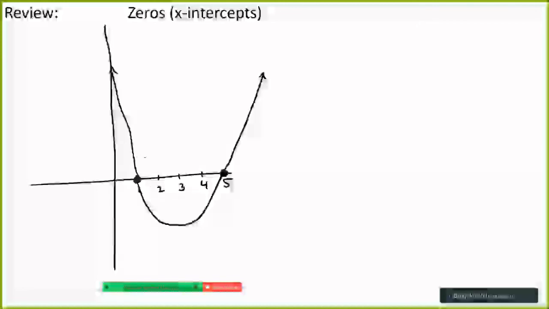The zeros here are x is 1 and x is 5. It's wherever the parabola is cutting across the x-axis.